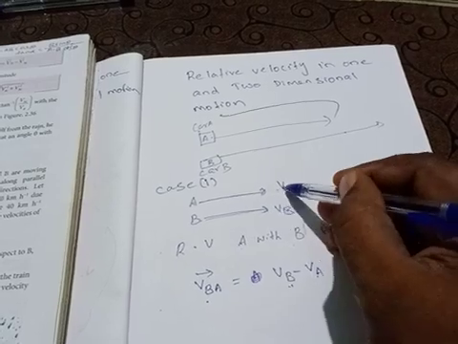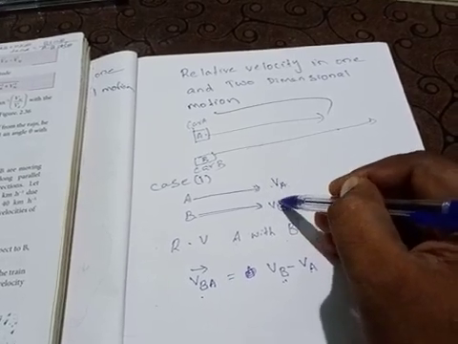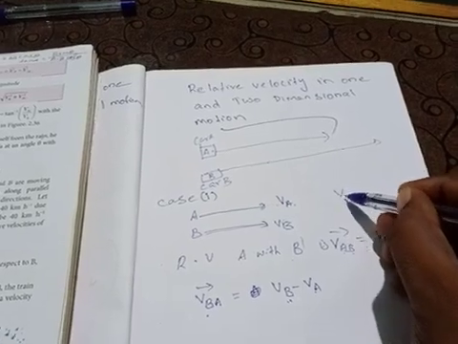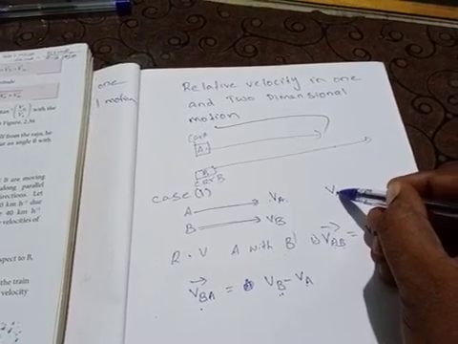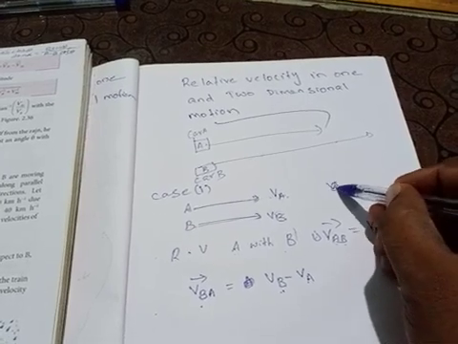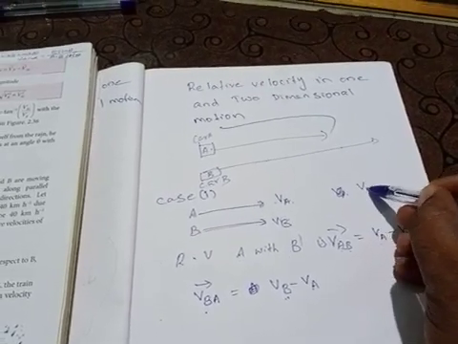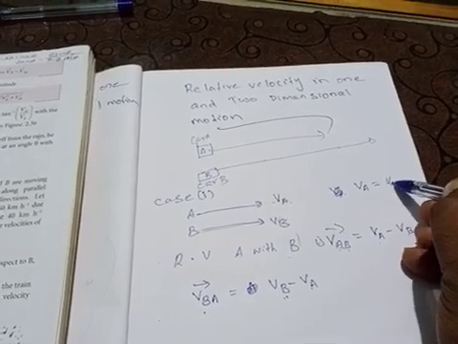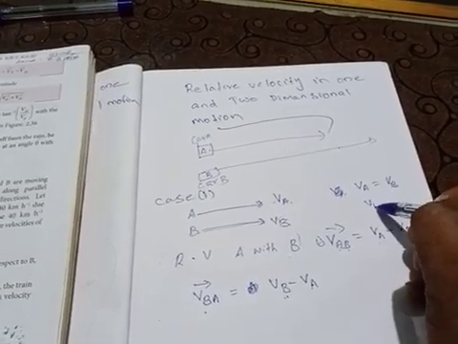Now we are comparing relative velocity with respect to the ground. We are checking the velocity of car A, object A, with respect to B. Both are moving with uniform velocity, isn't it? VA is equal to VB only. So what can we write?